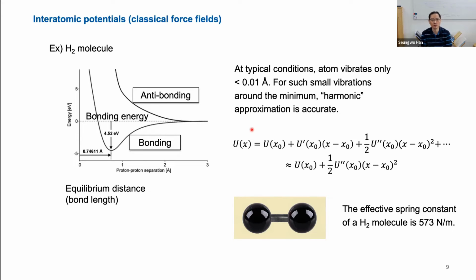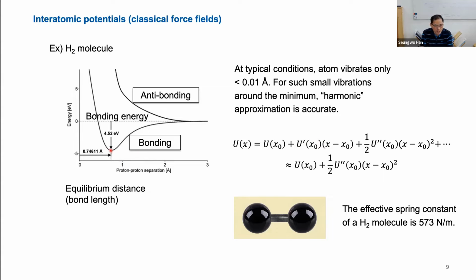It's a very small vibration. Therefore, in such a case, we can expand the whole interaction curve or potential curve around this equilibrium distance. So this is the Taylor expansion. This x0 is the equilibrium distance, and we have the first constant, and this is first order.